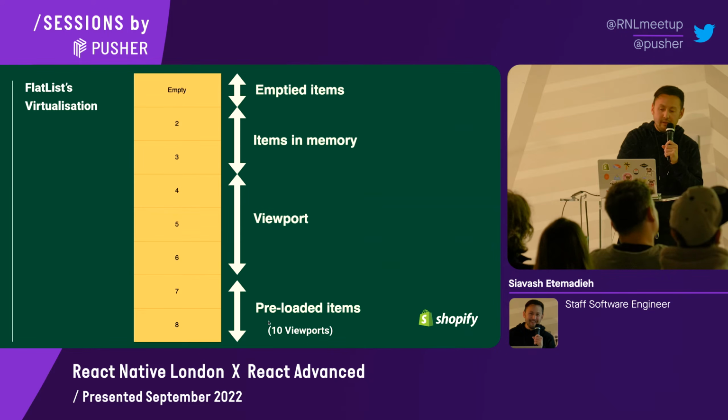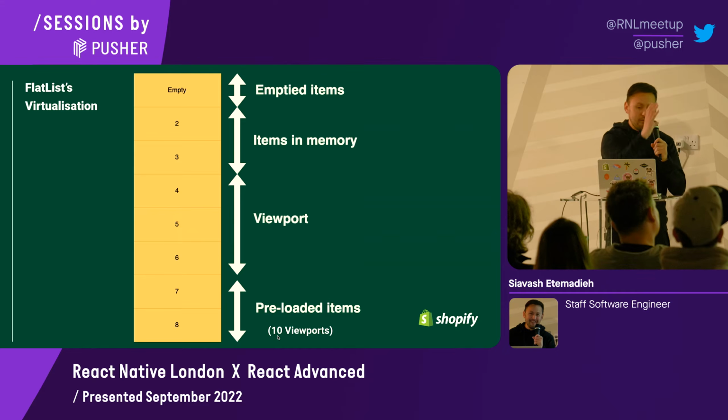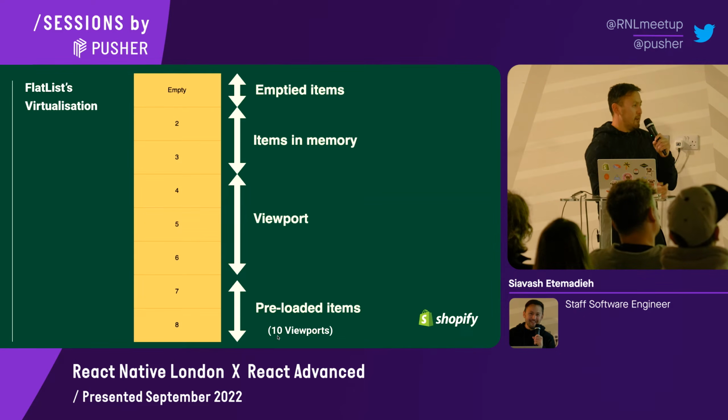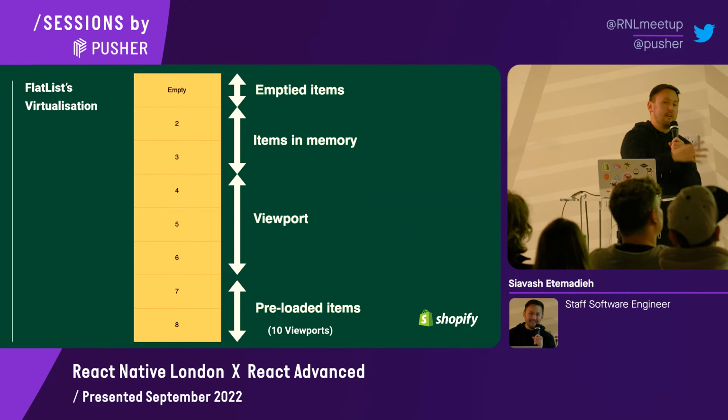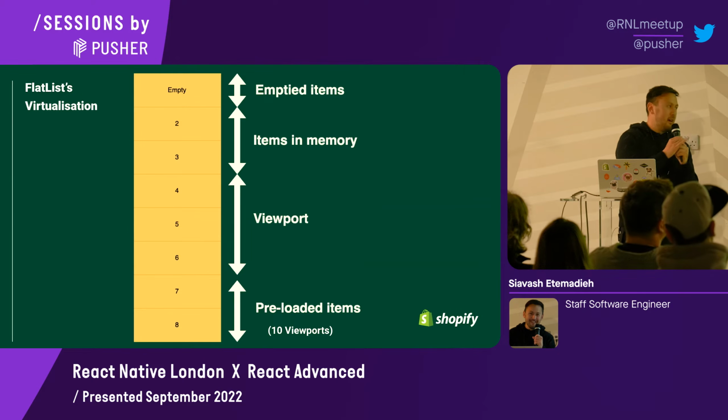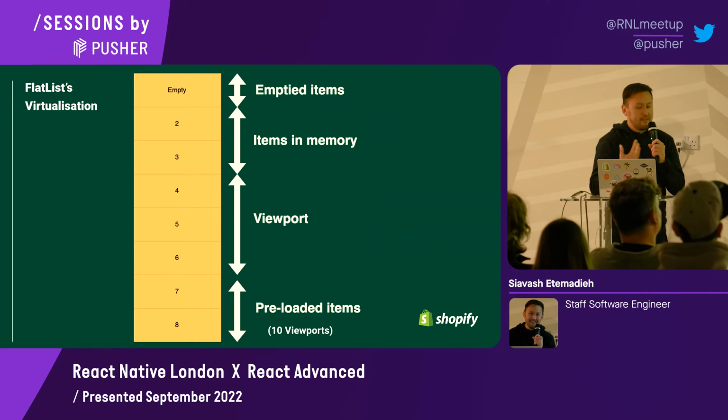And it's defaulted to 10 viewports of preloaded data. And the main optimization here is memory. As items leave the window, FlatList will empty the items, releasing memory. So FlatList is mainly a memory optimization, or that's how we saw it.